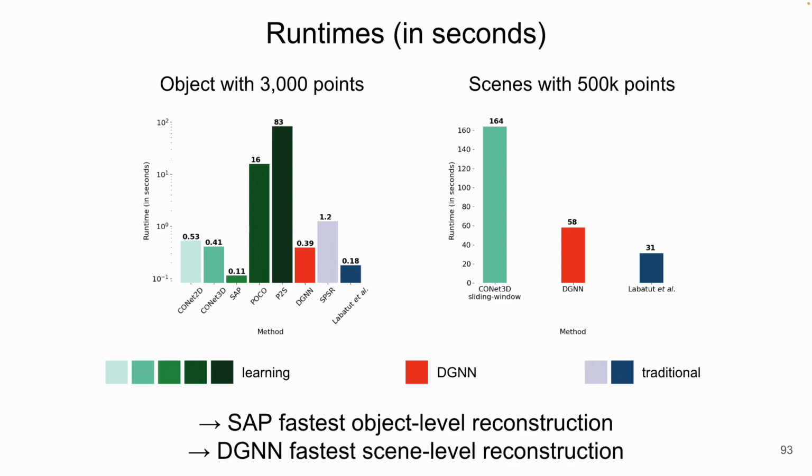For Shape As Points, this would probably have to be done with a sliding window approach. Such a sliding window approach does exist for convolutional occupancy networks. And we measured it on the right, and here our method still is around 2.5 times faster on a scene. So here we measured the reconstruction time of a scene with 500,000 points.